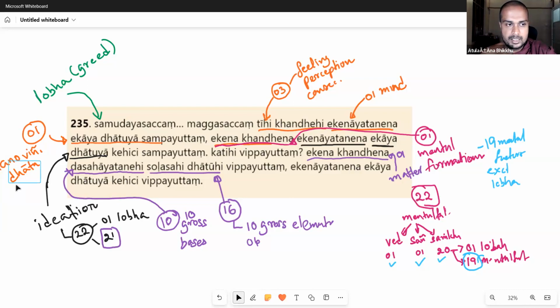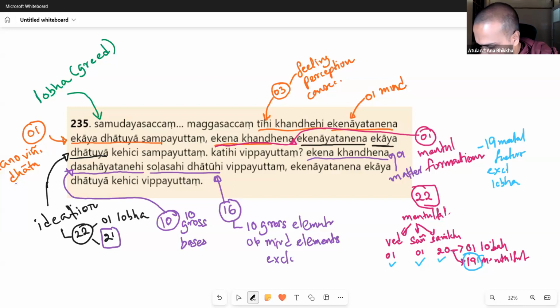So the other 6 mind elements, excluding the mano-viññāṇa-dhātu.